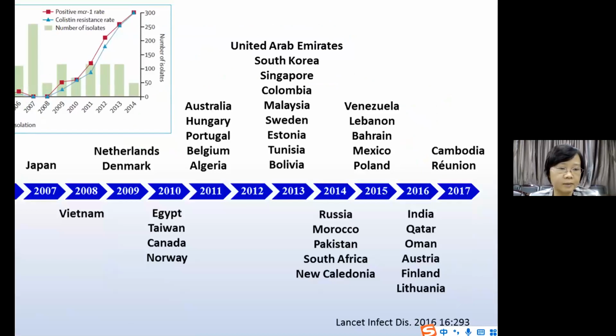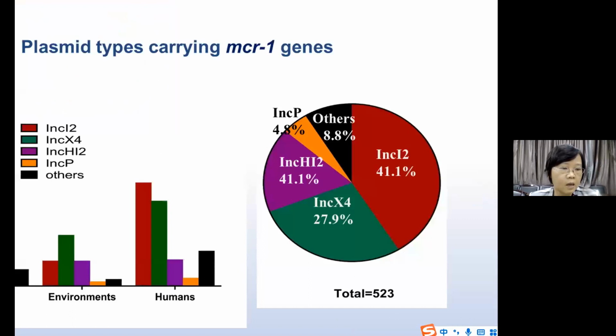According to the literature report, we have identified MCR1 in E. coli from food-producing animals in the 1980s in China. And after 2008, colistin use showed a year-on-year growth with the increase in animal use.